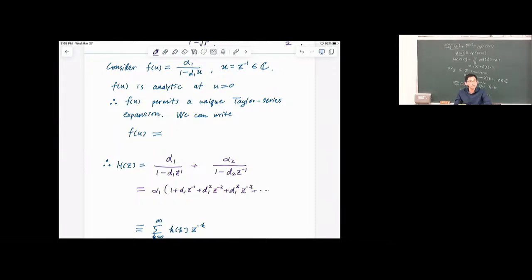This is a geometric series I want you to notice. So that's kind of applying the formula in a backward way.